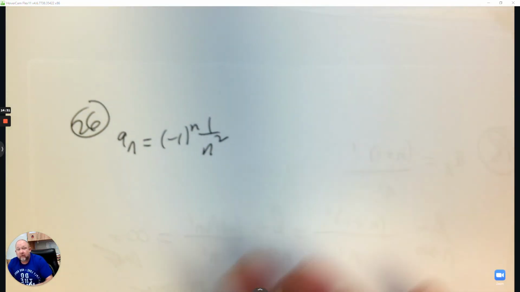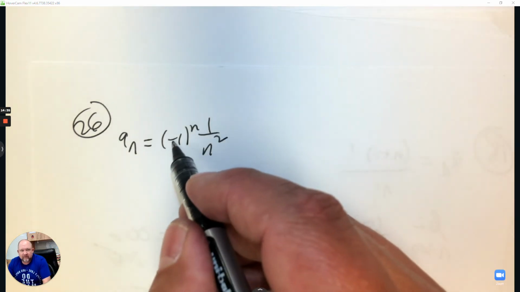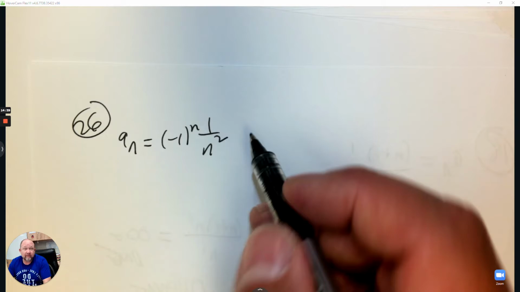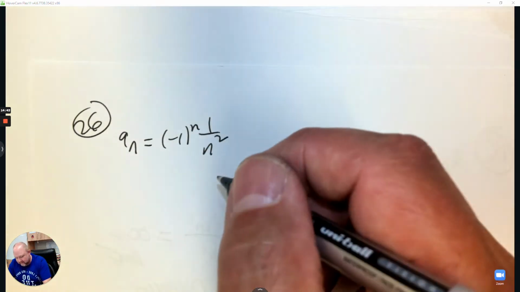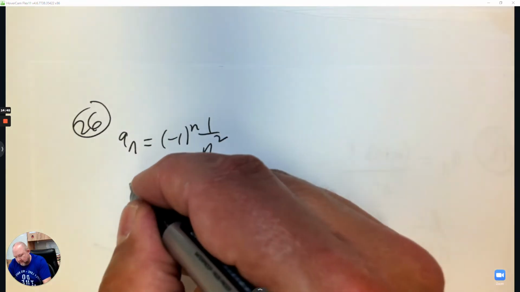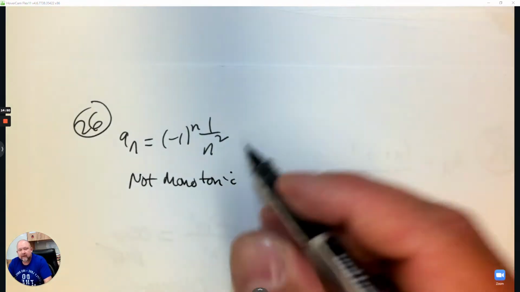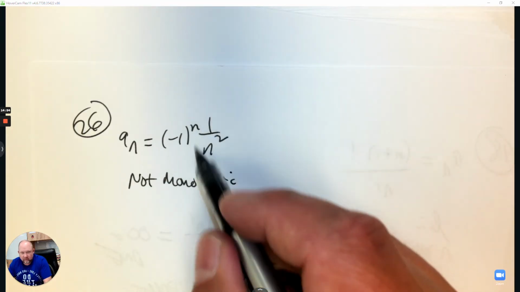And this is a question of whether it's monotonic or bounded. So because it's negative 1 to the n, as you plug in 1, 2, 3, it's going to go positive, negative, positive, negative, positive, negative. Because of that, it is not monotonic. But as you plug in large numbers for n, 1 over n squared is going to 0.